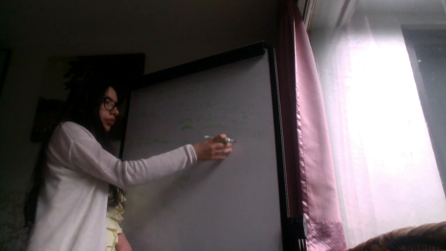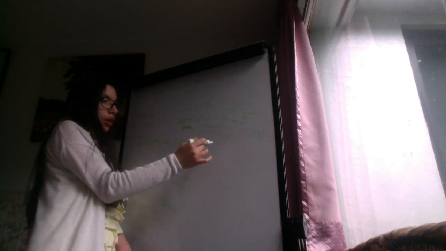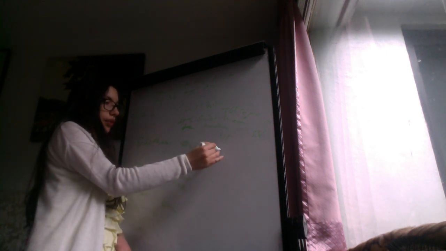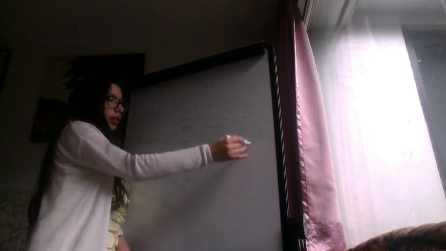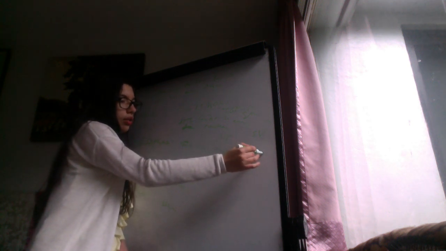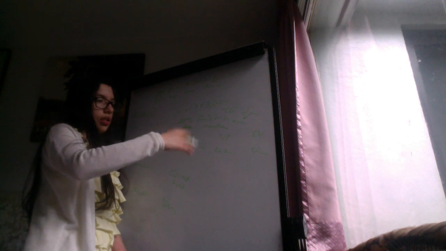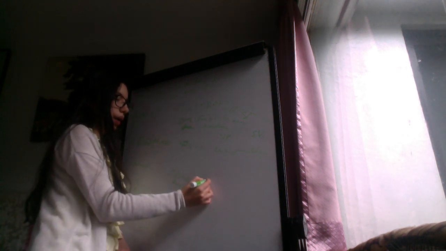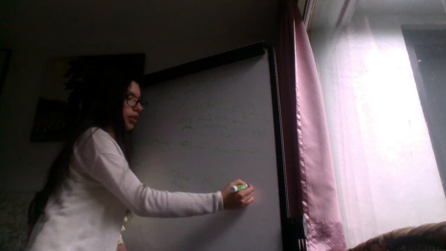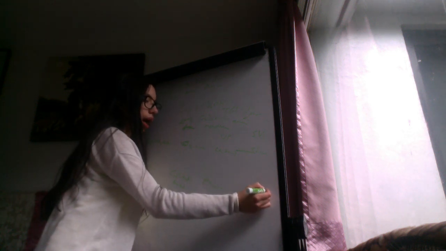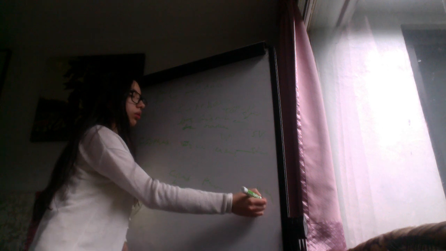So here we have the left gastric, and here the esophageal veins that drain to the azygos vein. Here we have the paraumbilical veins and the veins of the anterior abdominal wall.